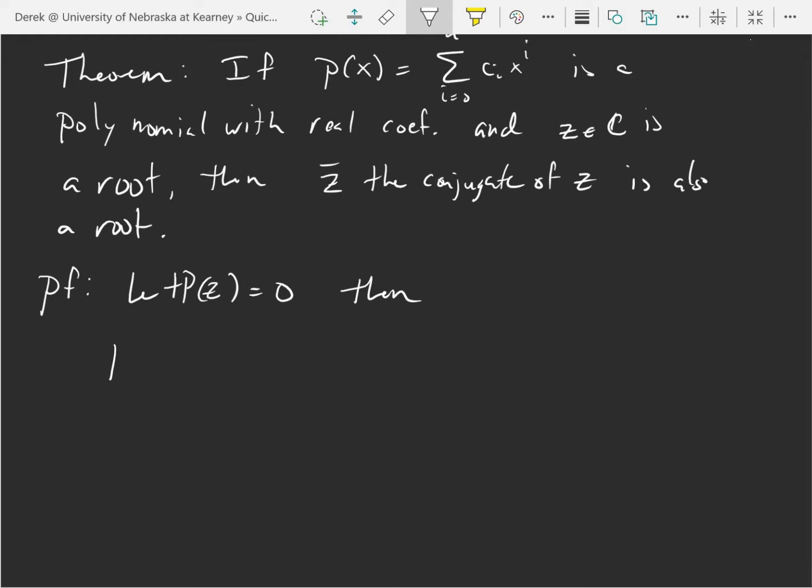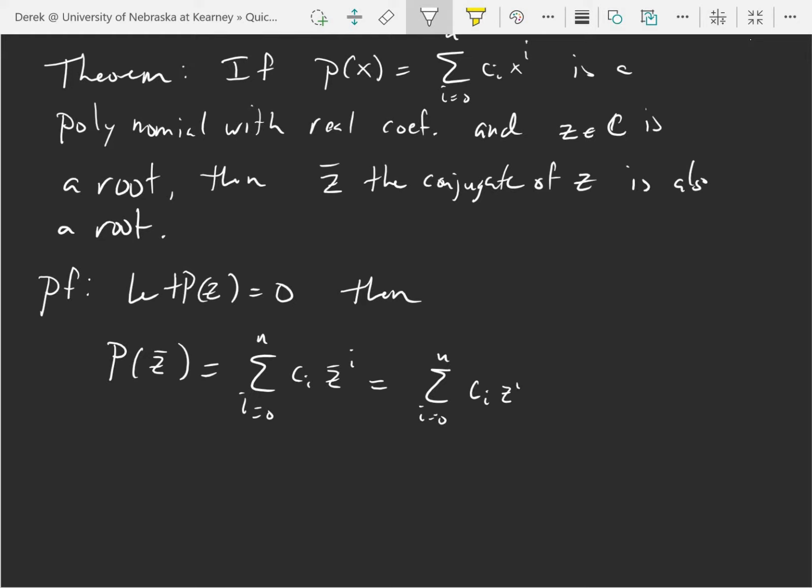Then p of z bar is equal to the sum from i equals 0 to n of c sub i z bar to the i, which is equal to the sum from i equals 0 to n of c sub i z to the i, all barred.